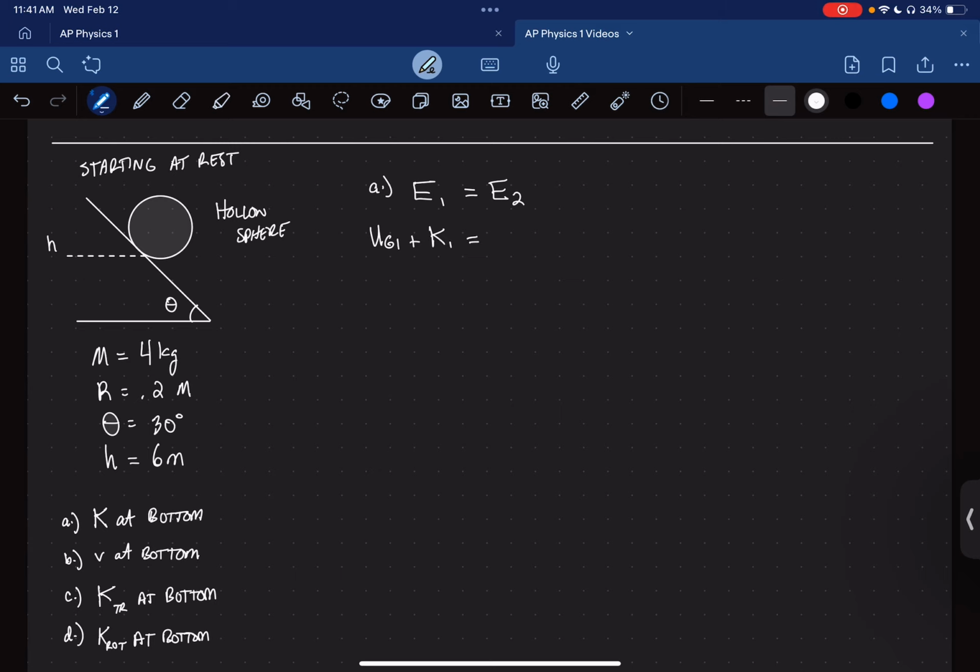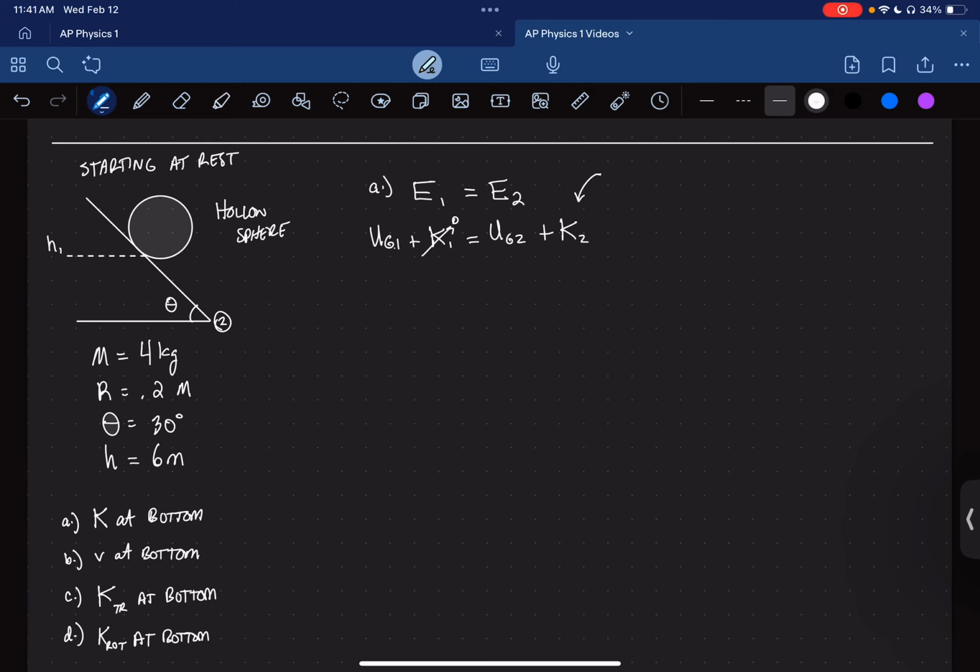There's no springs here. And what they're asking us for question A is what is the kinetic energy at the bottom? This would be position 2 down here. We're just trying to find out K2. That's it. K2 equals something. It's starting from rest, so there's no kinetic energy at position 1. This would be height 1.